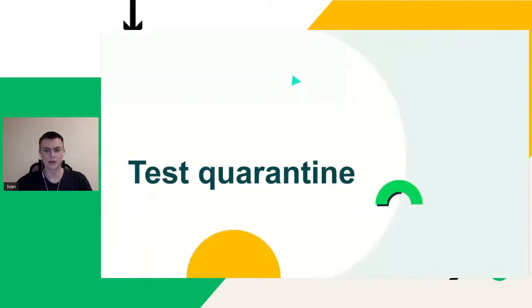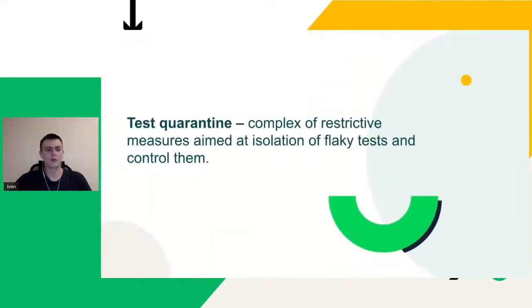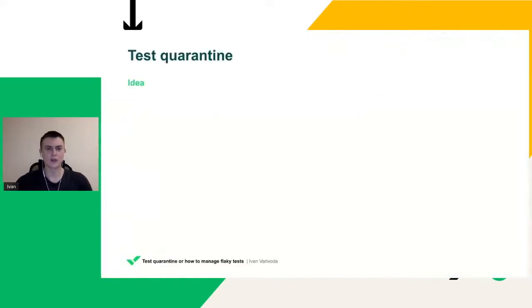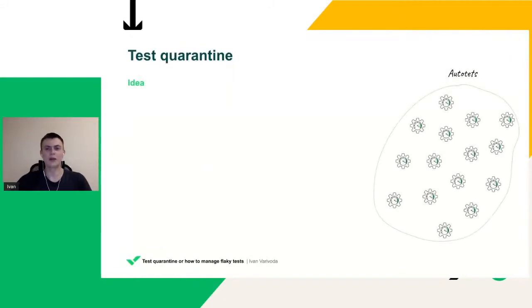Let's define this term. For us, test quarantine is a complex of restrictive measures aimed at isolation of flaky tests and controlling them. Let me show you a scheme of how it works. Imagine that you have a test project, and also you have an external system.